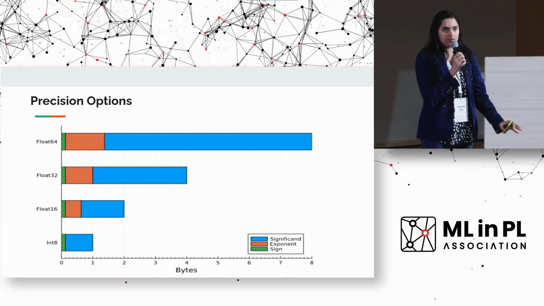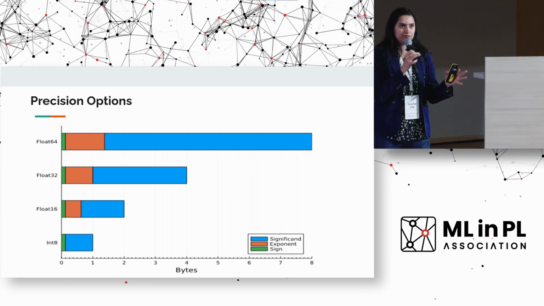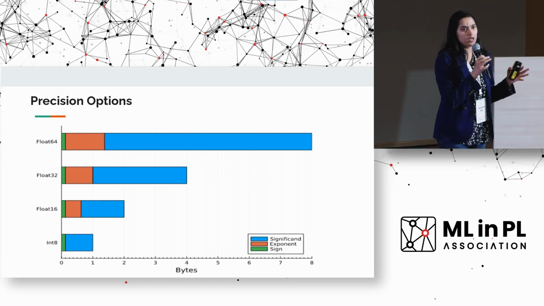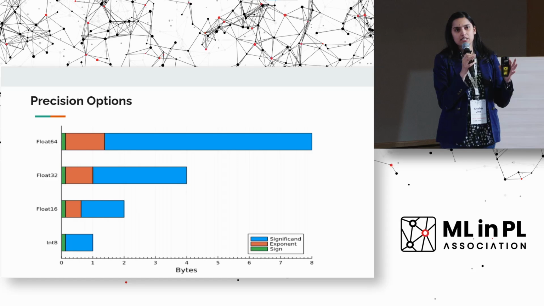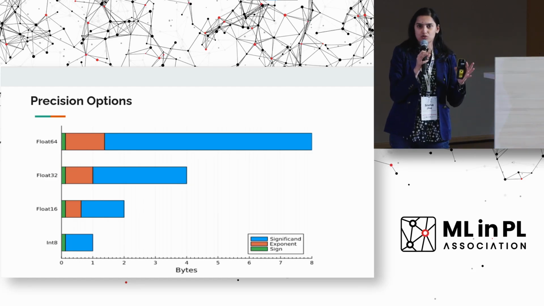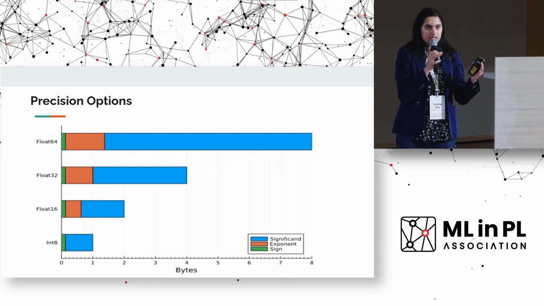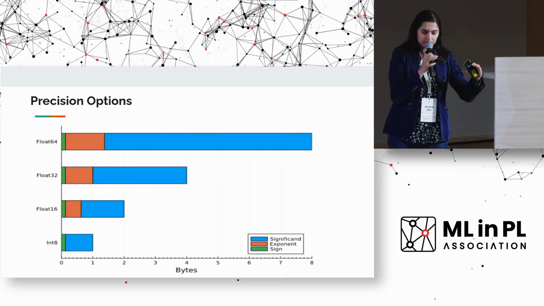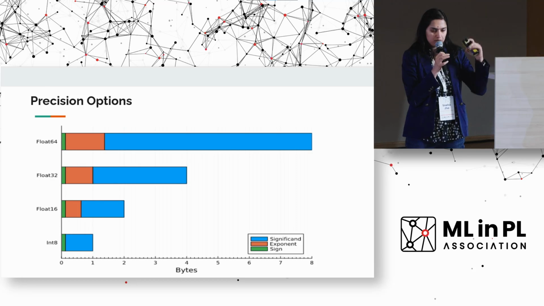So, a quick refresher for some of you who might not have seen this. Most of the modeling that you do works in a mixed precision environment. What that means is we work with 16 precision floats, 32 precision floats, 64 precision floats.